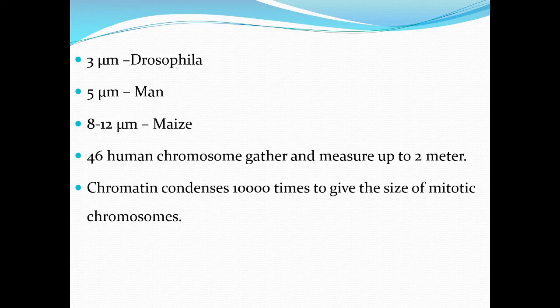Means the total number of chromosomes is 46. If we attach those 46 chromosomes one after another, then it ranges up to 2 meters long, and the chromatin is condensed 10,000 times to give the size of the mitotic chromosome.